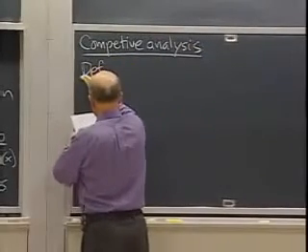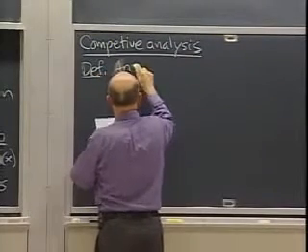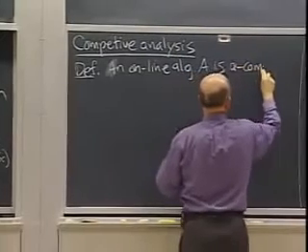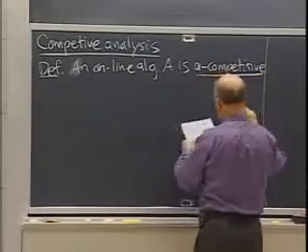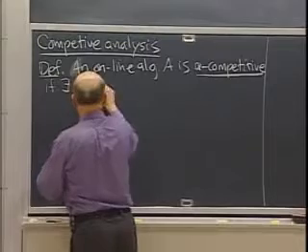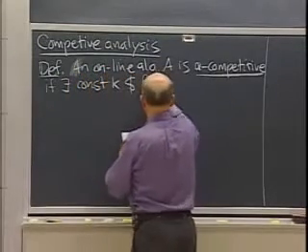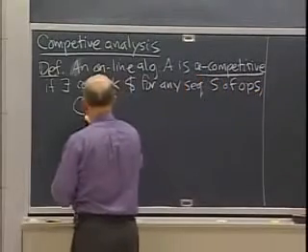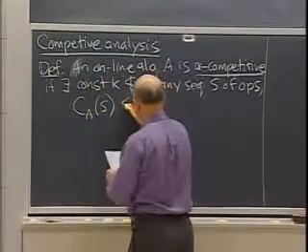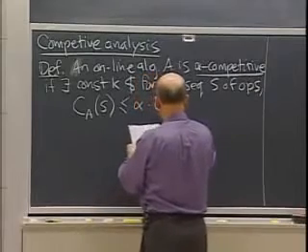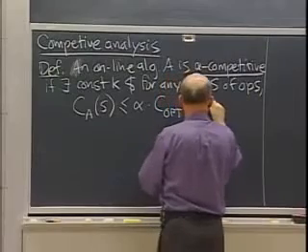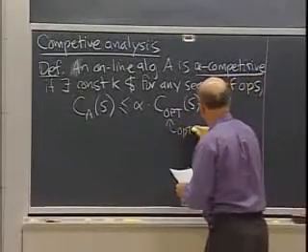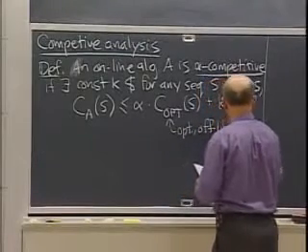Okay, so here's the definition. An online algorithm A is alpha competitive if there exists a constant k such that for any sequence S of operations, the cost of S using algorithm A is bounded by alpha times the cost of OPT, where OPT is the optimal offline algorithm.